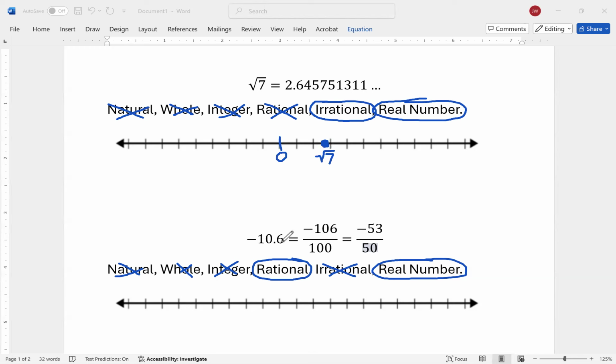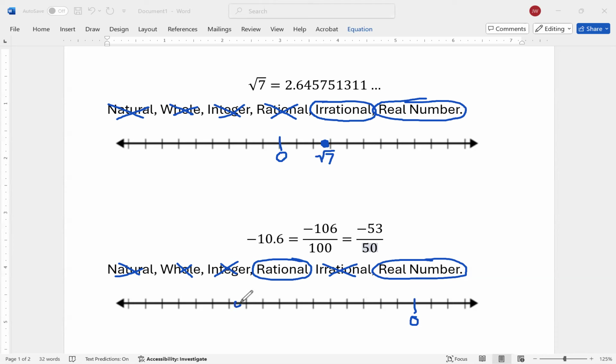Here, this is negative 10.6, so I have to start at 0. I'll say 0 is there. And then move over a little bit over 10 units to the left. So 1, 2, 3, 4, 5, 6, 7, 8, 9, 10. That's negative 10. And then keep going a little bit more.